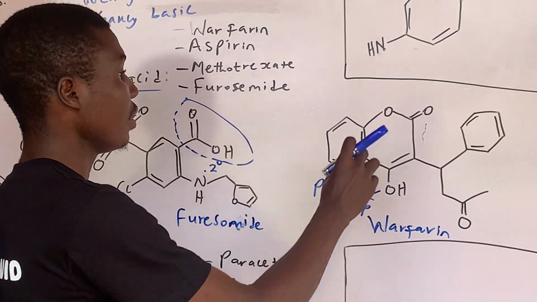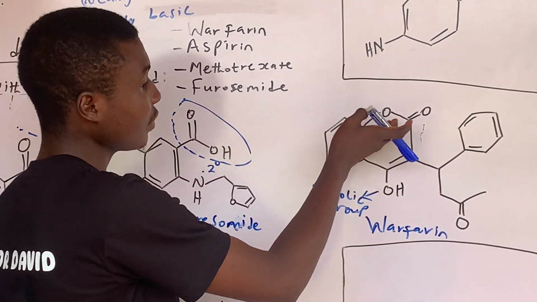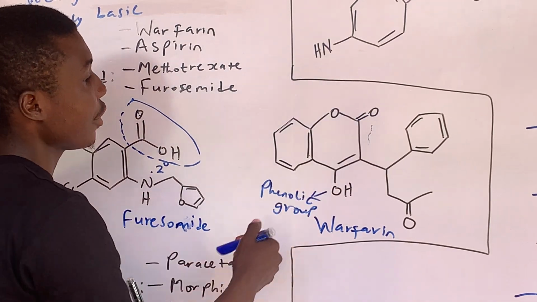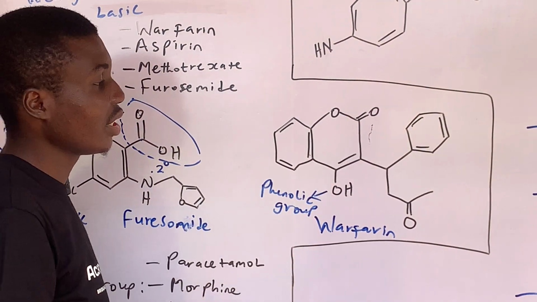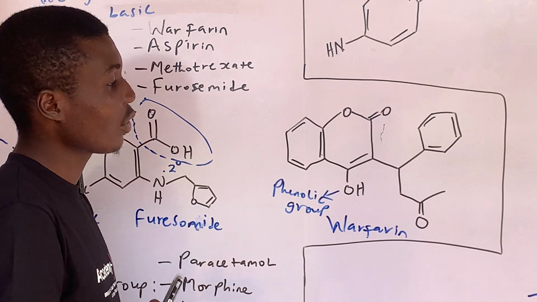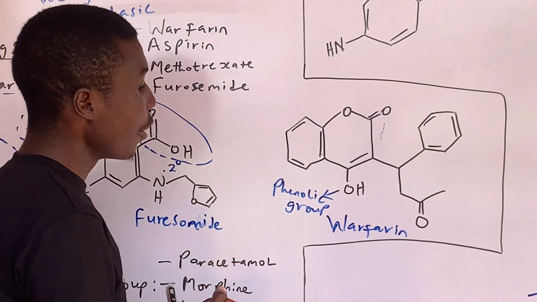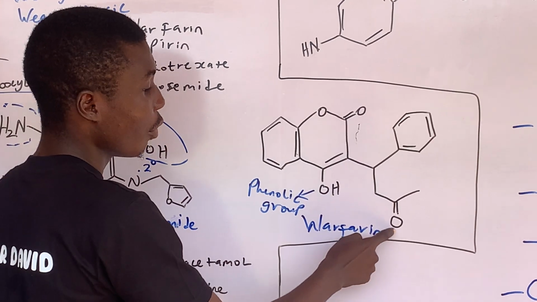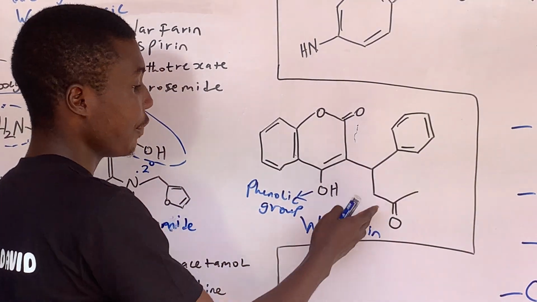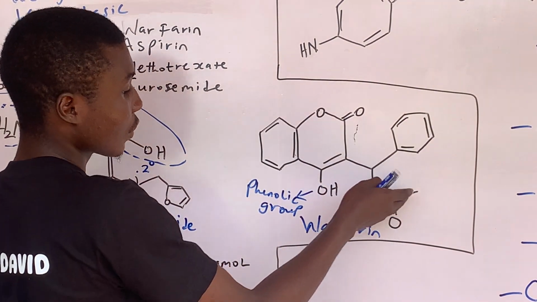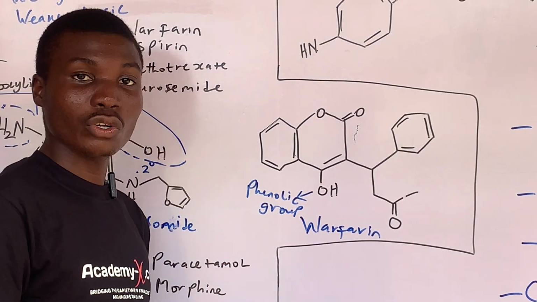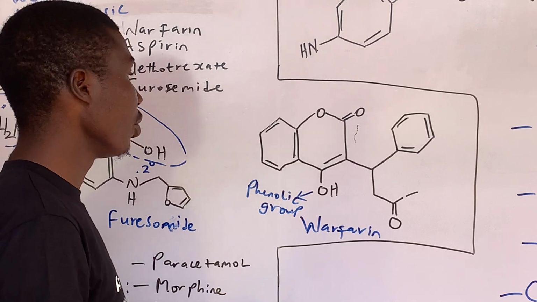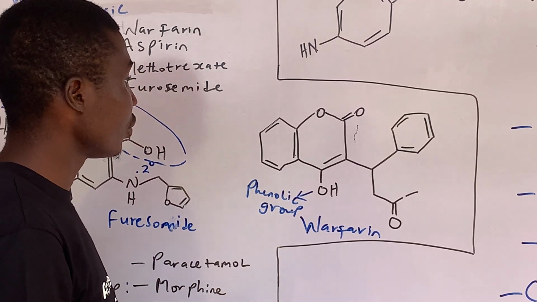Alright, then you have the O as a heteroatom in the cyclic group. Then here you have C double bonded to O, also in the aromatic ring. Then in this particular place you have the C double bonded to O, and the bonds still continuing, and this does not have so much impact on the structure.